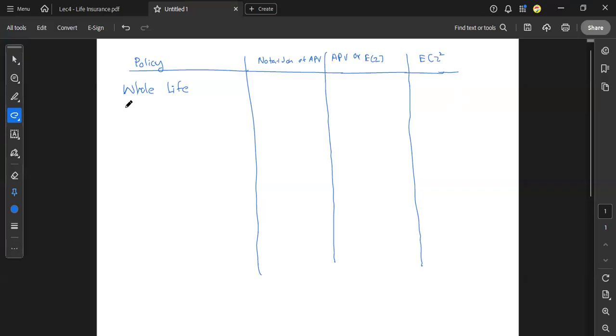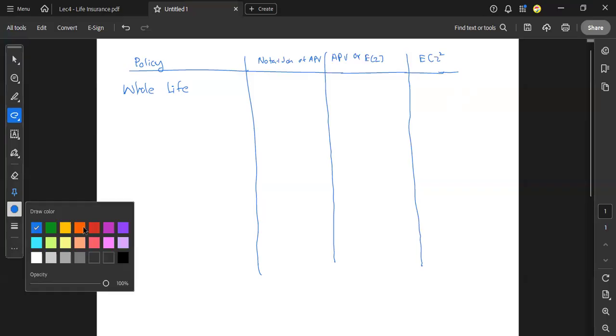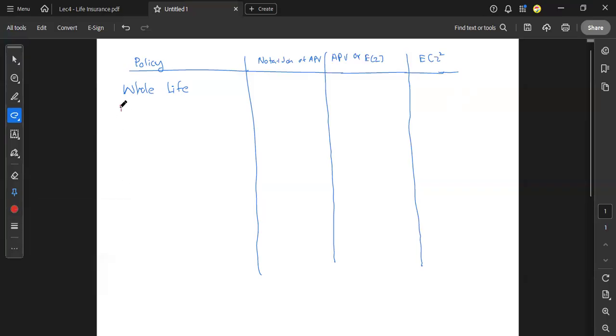So if it is whole life, that means starting from 0, the benefit is covered for the future. So at any point of time, the benefit is paid.